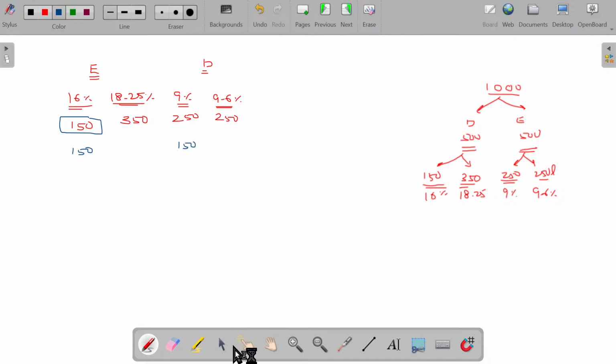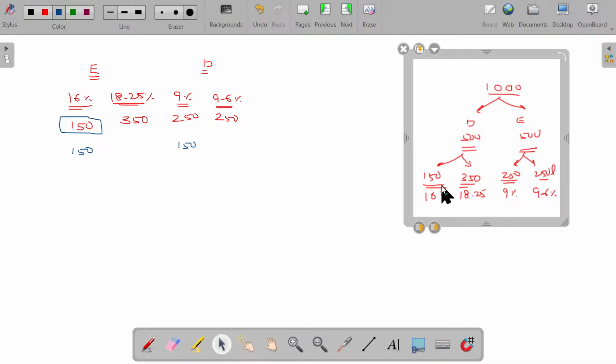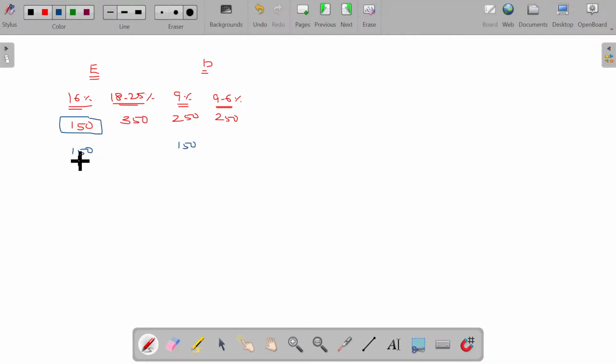Clear? After the first raising, the balance you have is 0, 350, 100, 250. Now what is the cost for this much fundraising? First 300 lakhs.